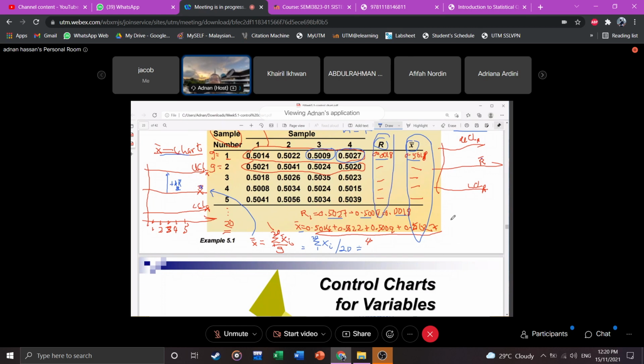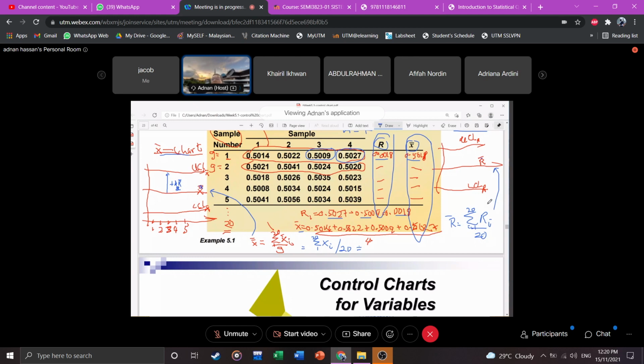R bar is the summation of Ri divided by the number of subgroups, 20, where i goes from 1 to 20. So you get R bar, and this goes here.